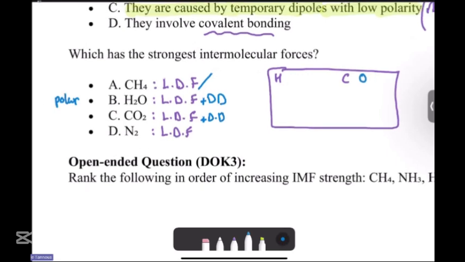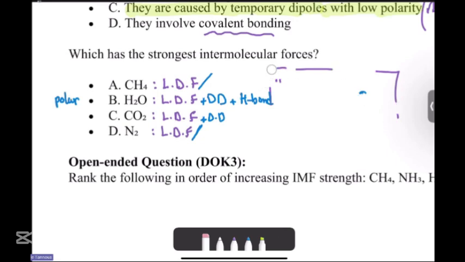And N2 has only London dispersion forces. However, this compound particularly is polar, and the polarity is between O and H. And remember, NOF. So there's O and H here, so it also has hydrogen bonding. Let's look in here.